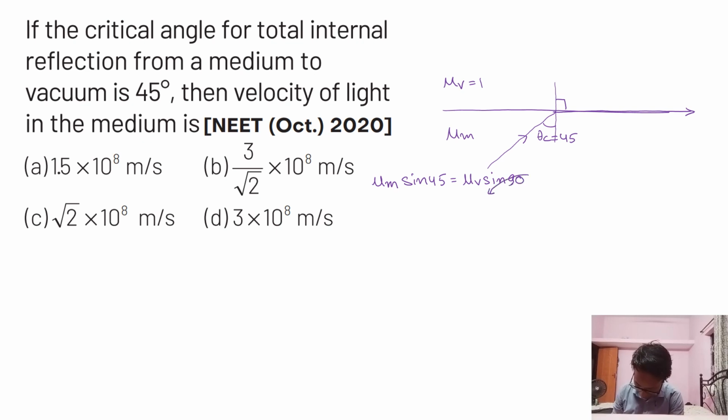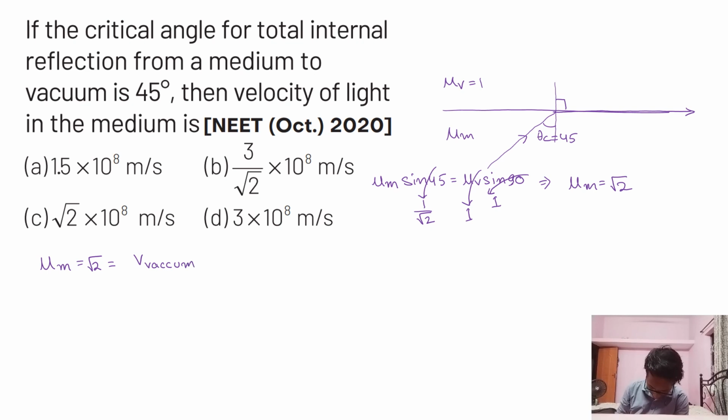Sine 90 is nothing but 1, mu of vacuum is nothing but 1, so sine 45 is nothing but 1 by root 2, and mu of medium is nothing but root 2. Now what is mu of medium? Mu of medium is equal to root 2, which is equal to velocity of light in vacuum divided by velocity of light in medium.